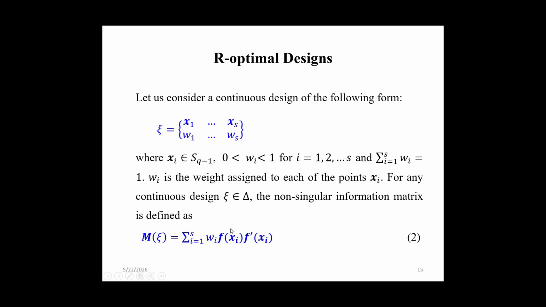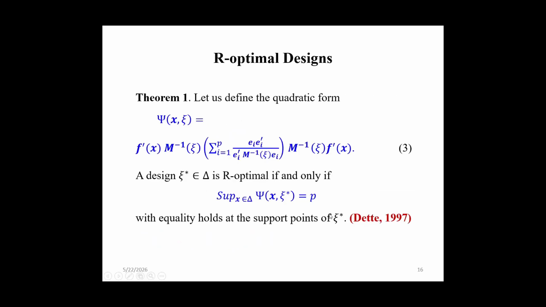Then we can define the moment matrix, or the information matrix, as the sum over i going from 1 to s of the weights times f(x_i) into f(x_i) transpose. So what is the R-optimal design?